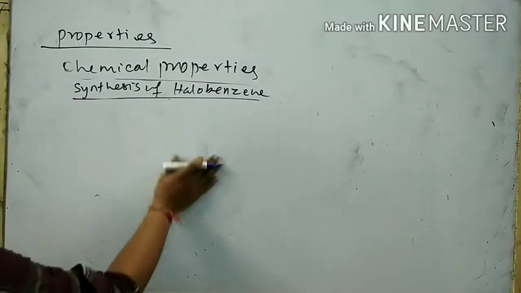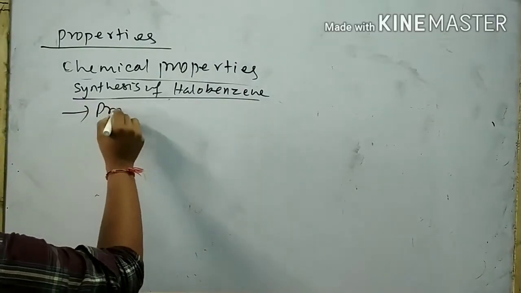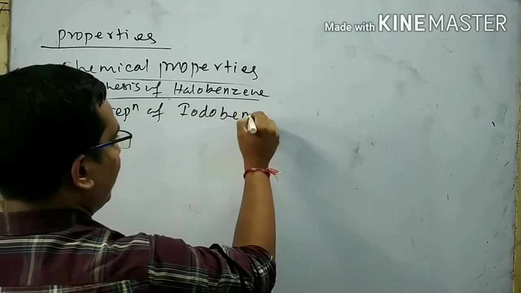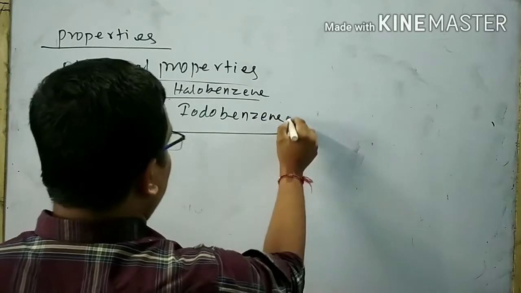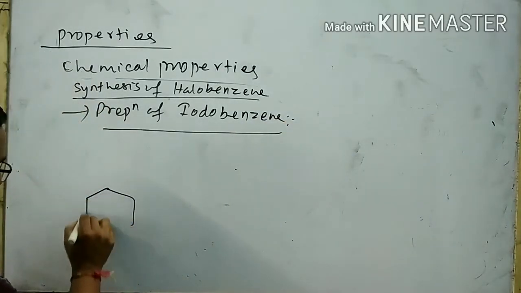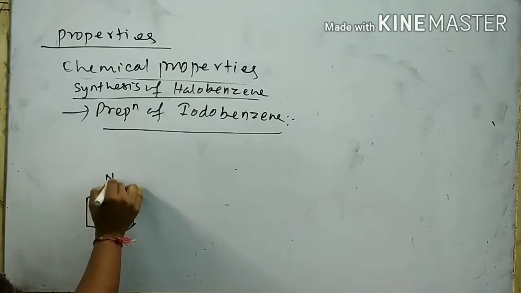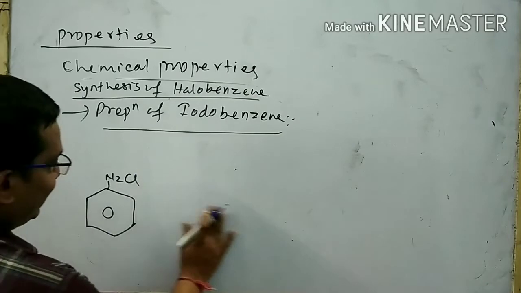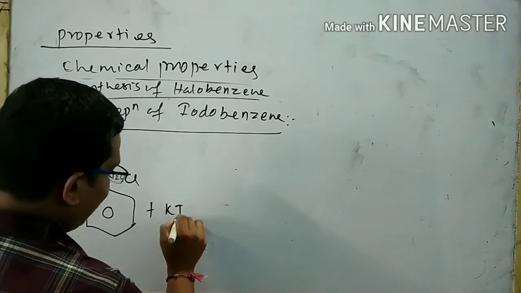Now I will discuss the preparation of iodobenzene. For the preparation of iodobenzene, at first I will take the BDC. Now the solution of BDC is heated with the KI.